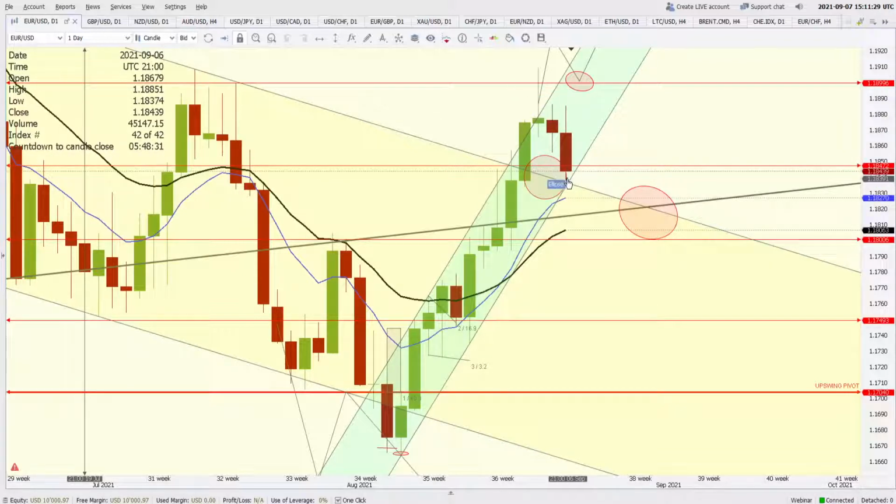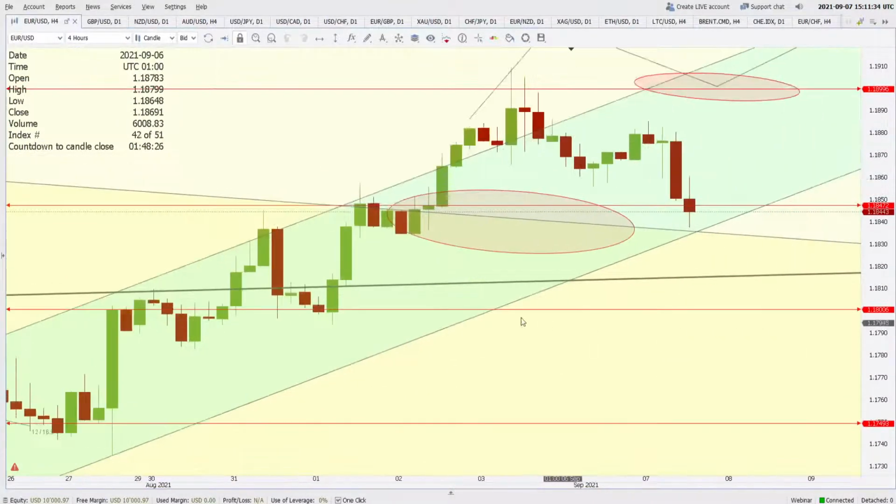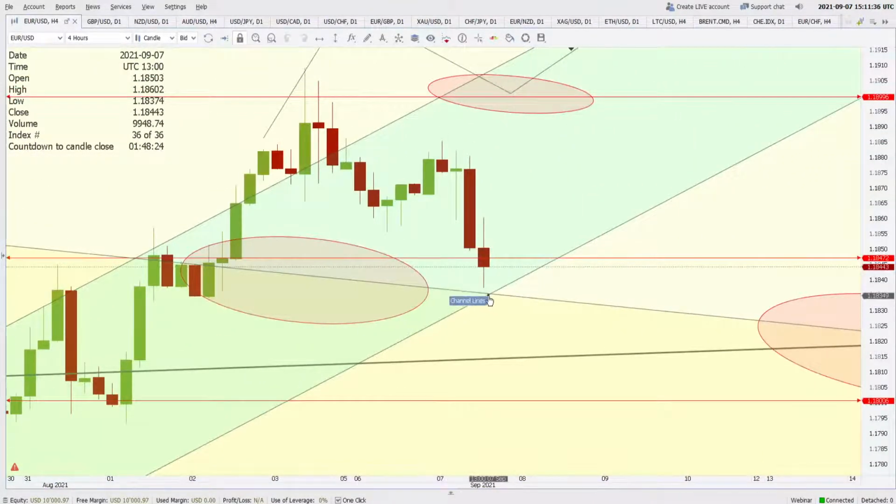So this is a good area of opportunity for them. If I switch to the 4 hour or maybe 1 hour, the best area of opportunity is this confluence of the supports. One is this rising channel support line, the other one is this falling channel's resistance line, which may now be converted into a support. So this is a very good support for the price here.